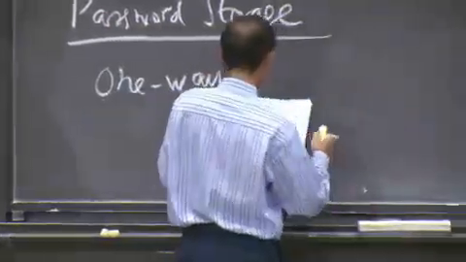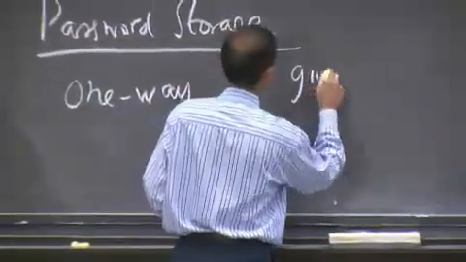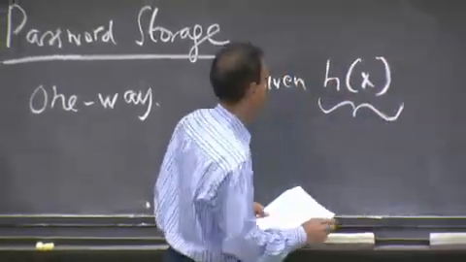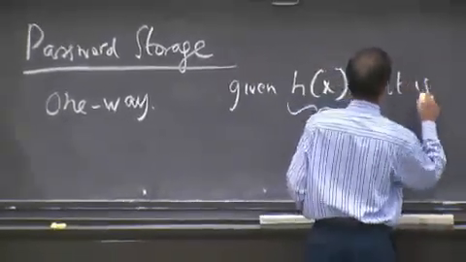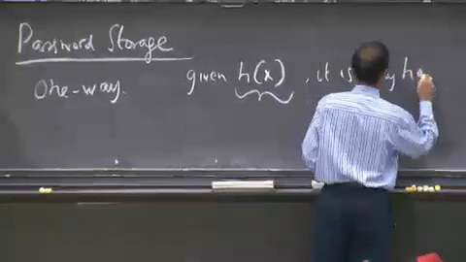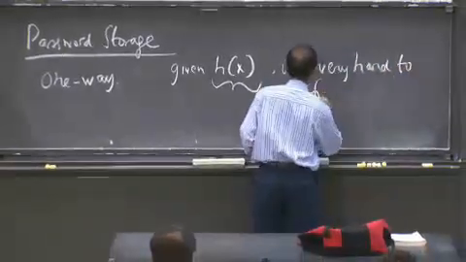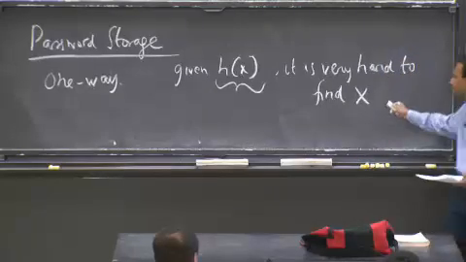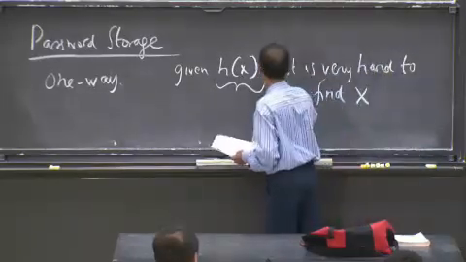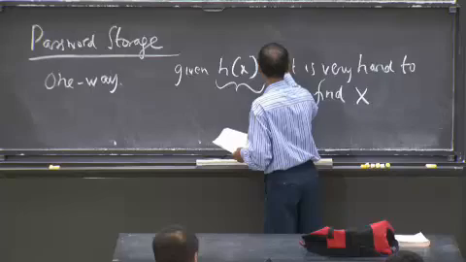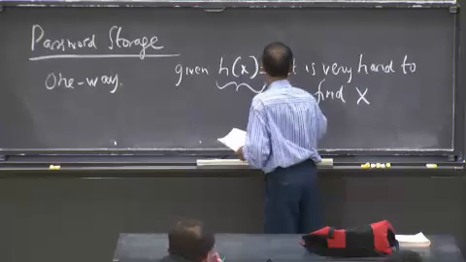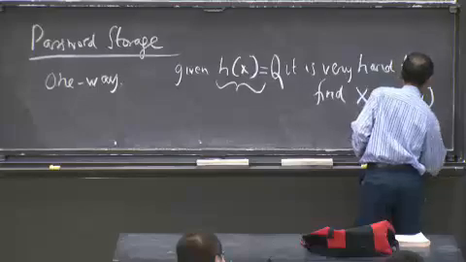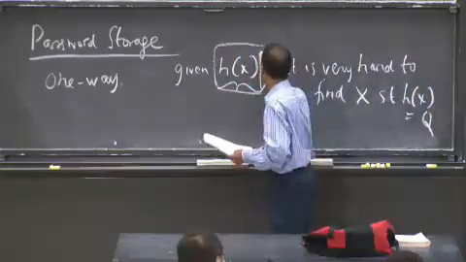What that means is that given h of x, the value of the hash, it is very hard to find x such that x hashes to this value. So if h of x equals, let's call it q, you're only given h of x.